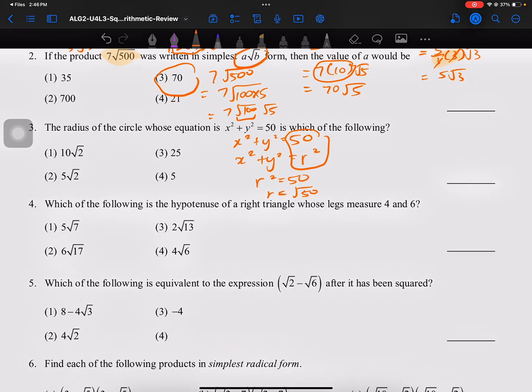We want to make √50 into simplest radical form. We first need to find a perfect square inside 50. We can change it to r equals √(25 × 2), so √25 times √2, then it is 5√2. After taking the square root and simplifying into simplest radical form, the answer should be option 2.